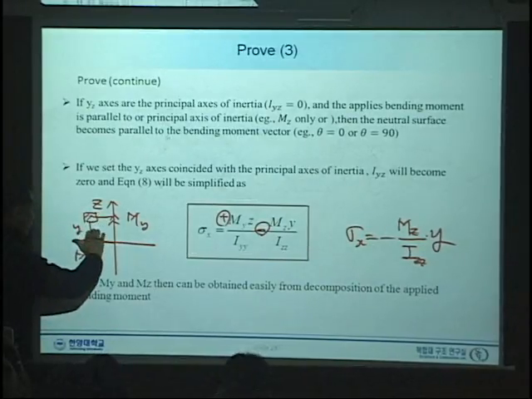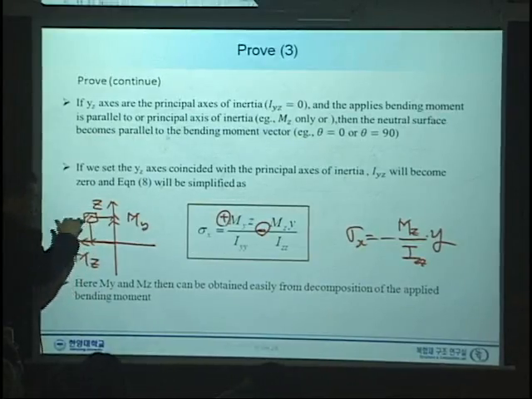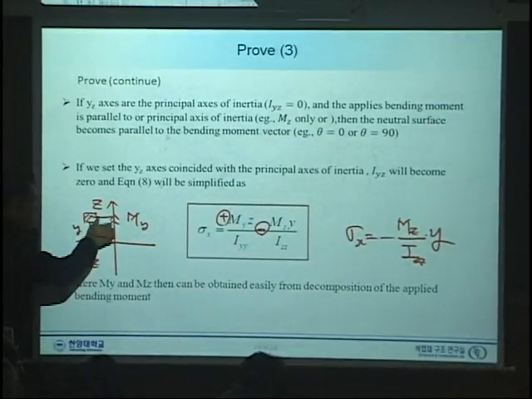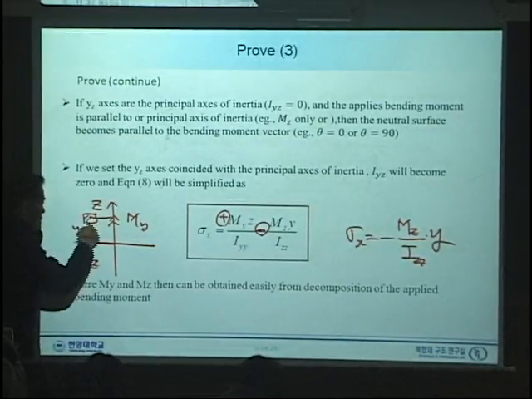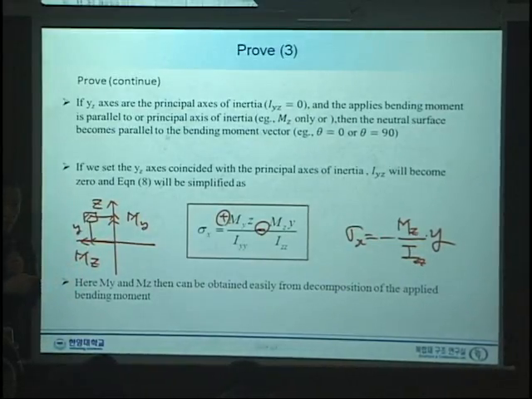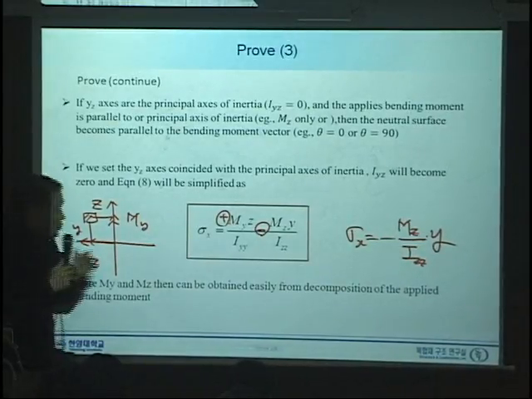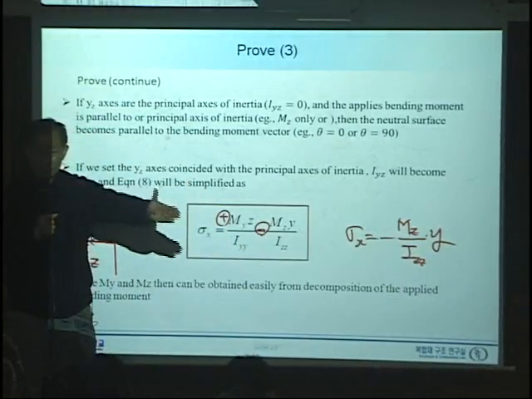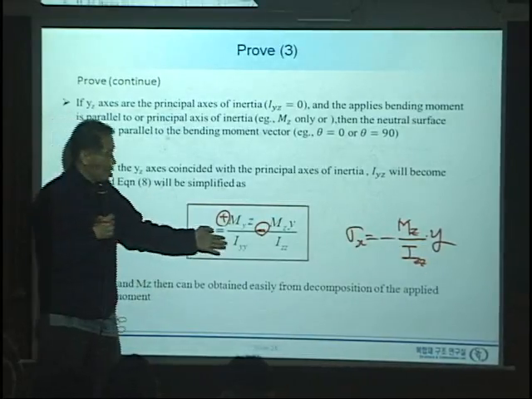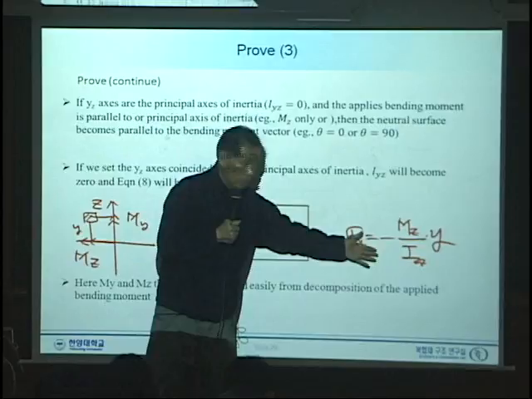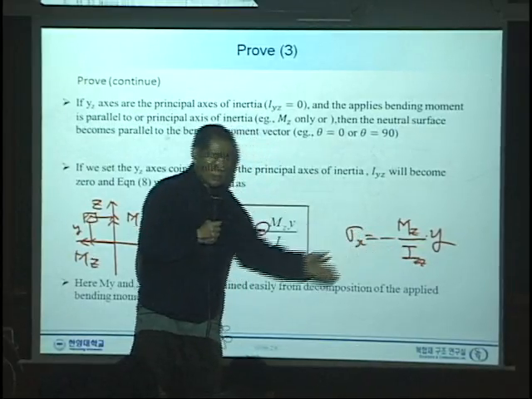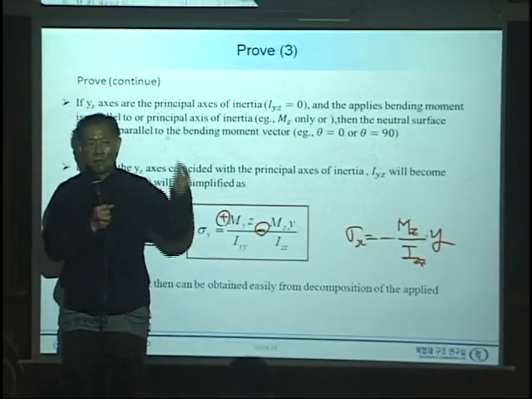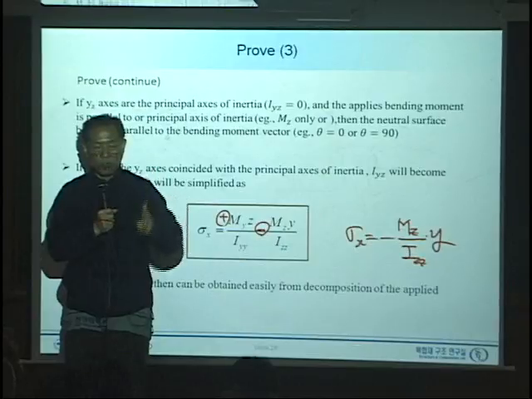Because when we apply moment to this one, the upper region will be compressed. That's why we have a minus there. But here, when we apply moment here, this positive part will be subject to tension, right? That's why we have a tension here. So this is the equation you need to remember. Well, again, you already have the derivation here, so it is not much different from basic beam theory with the symmetric cross section.